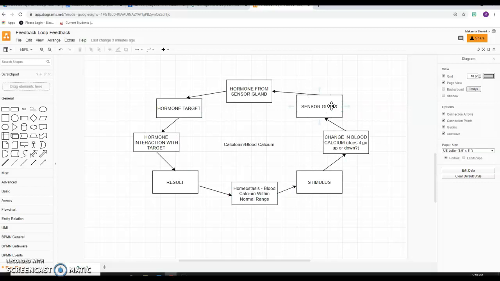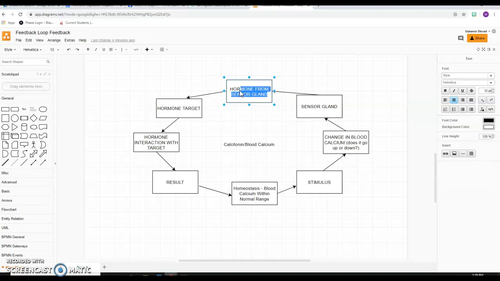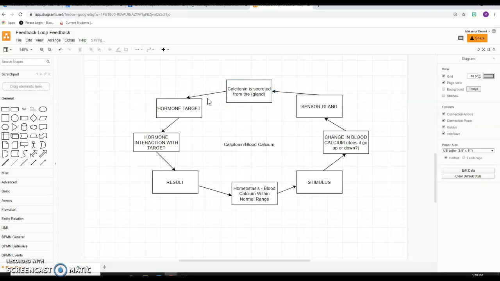However, in this specific feedback loop, calcitonin does not need to be stimulated by a hypothalamic hormone. So we just have one gland in this instance, and it's the gland that secretes calcitonin. So we can go ahead and put that in this box, because we already know calcitonin is our hormone in question.